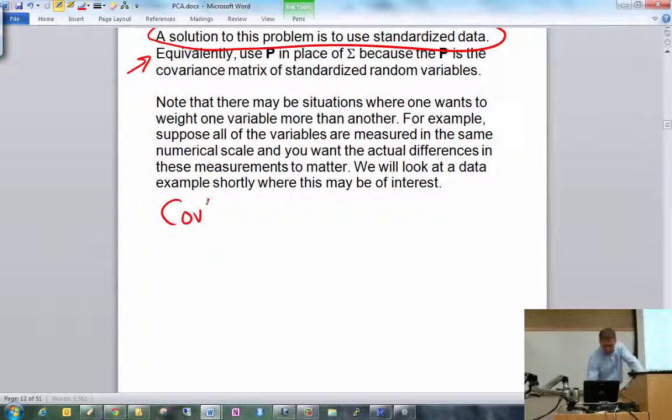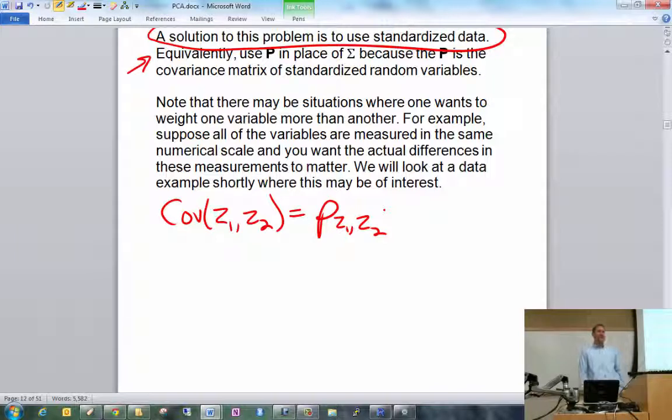This is actually partially based upon a problem that you had on the test and also in the homework. So let's say I have 2 standardized variables, Z1 and Z2. The covariance of Z1 and Z2 is equivalently equal to the correlation between Z1 and Z2. Why? Because the variances of standardized variables are equal to what?